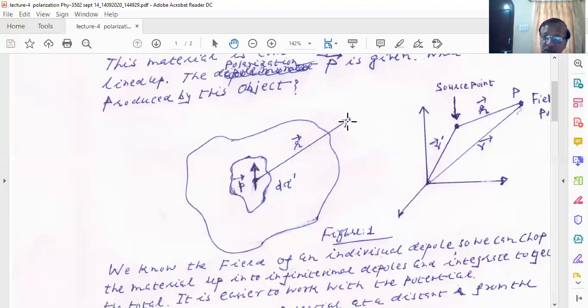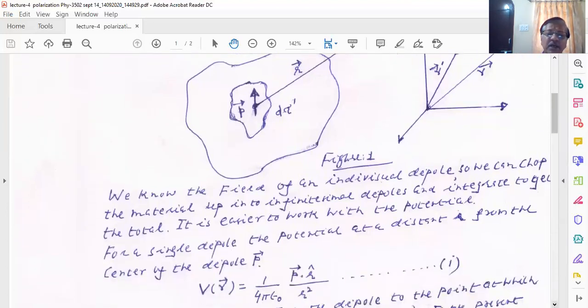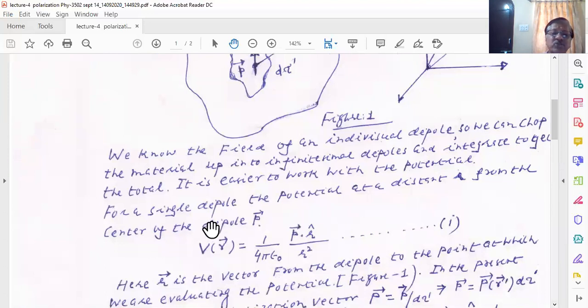So first of all, let us write down the expression for the potential at the point P at a distance r from the center of the dipole. So you can look at this expression. Here I write this expression which you know. So this is V, that is the potential at r.